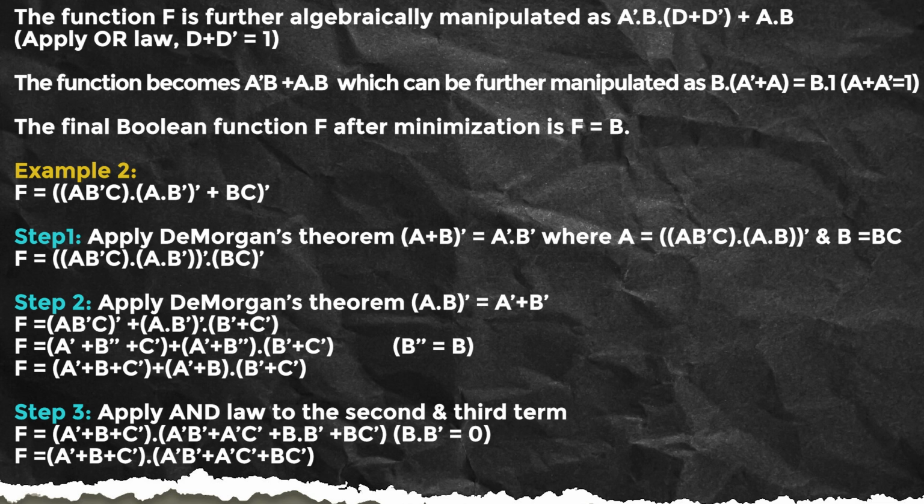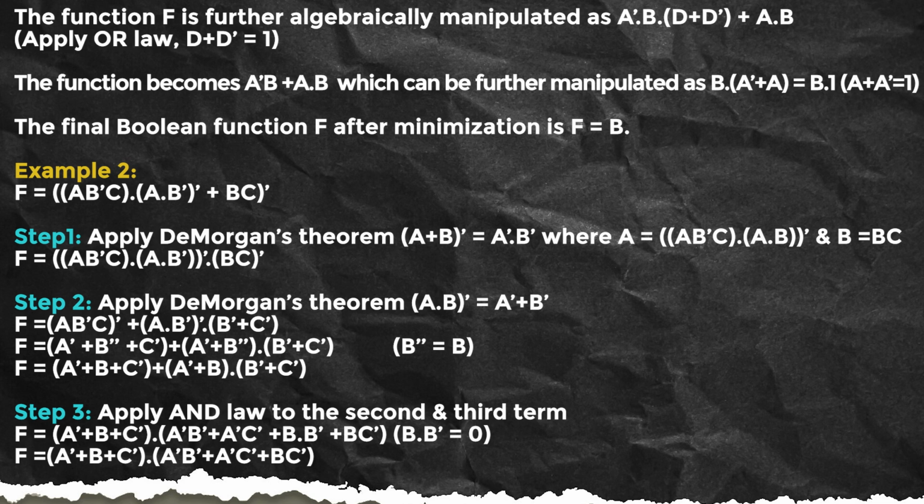F is equal to within brackets and within brackets a dot a b bar dot c, bracket close, dot a dot b bar, the bracket close, the whole within brackets plus bc, and again the full bracket, the whole with a prime, that is a complement. Now we can apply De Morgan's theorem.